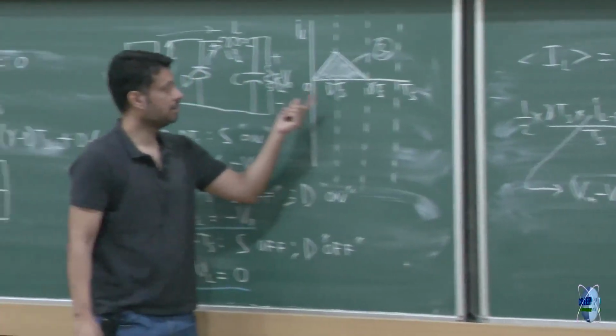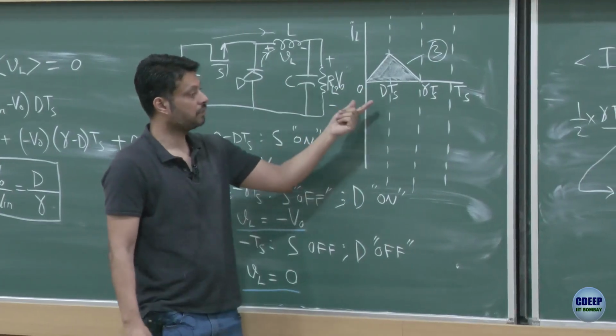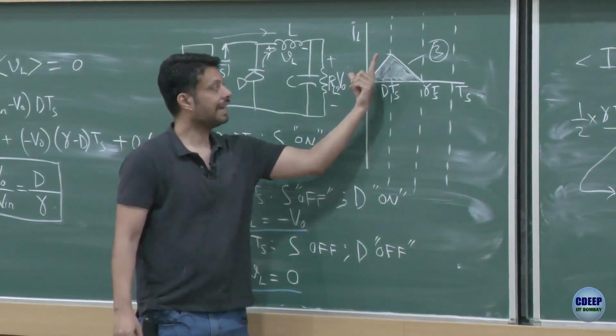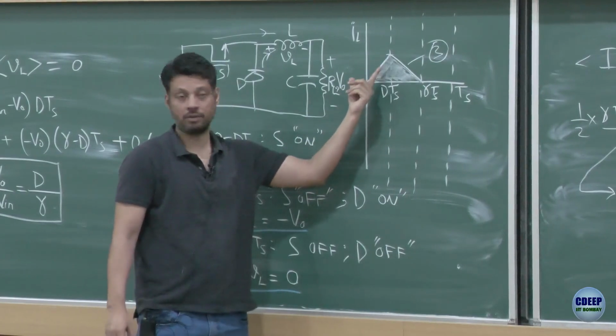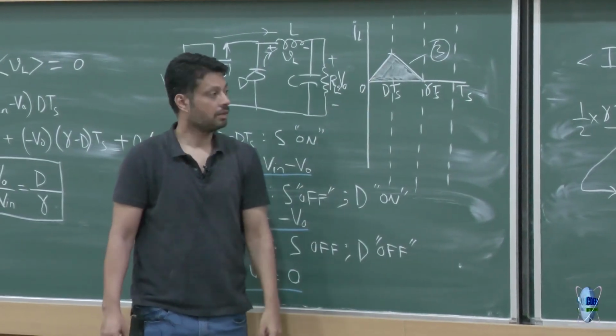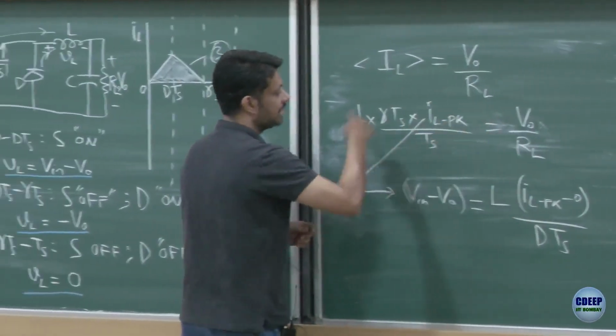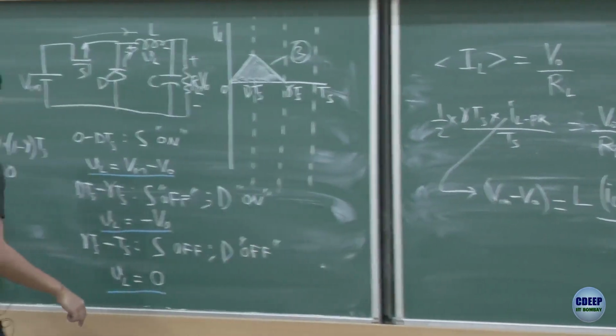In this region, if you apply V equals L di by dt, then the voltage is Vin minus V naught equals L times di, which is I peak minus 0, divided by gamma Ts. So you can substitute this I peak value from here to here, and you get one equation in gamma; you have another equation in gamma already here.